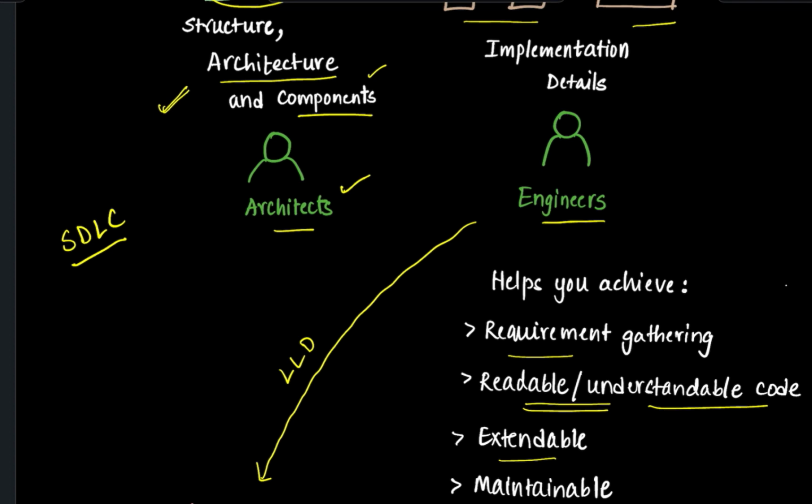So you can still add something to the code base without having to modify other components. That is how low level design helps us. And the last thing is keeping it maintainable, which means it is easy to keep the current system working, including fixing bugs and making updates to the code base, etc.